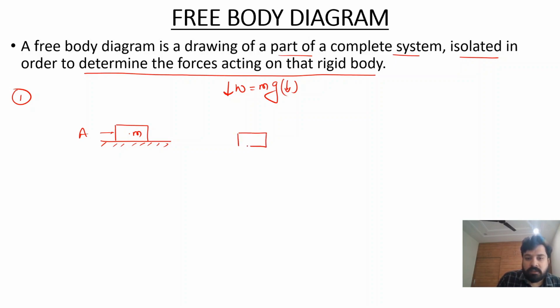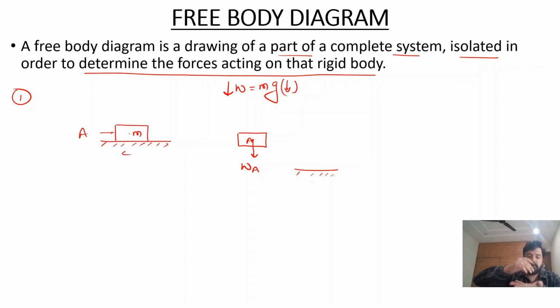Suppose there is a block A, and a surface C. Then the weight of A, W A, acts on its center of mass, in the downward direction. So this weight applies a load on the horizontal surface, because the block lies on it.